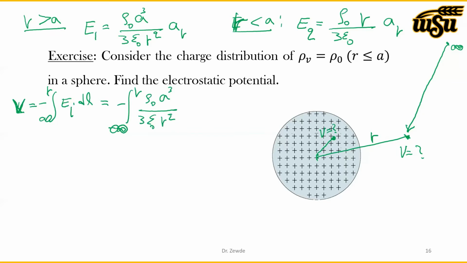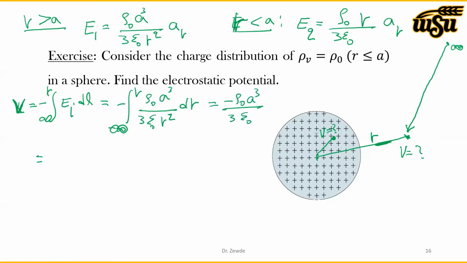And dl is a differential length, which in this case is dr, since we're along the radial direction. If we integrate this, we get minus rho naught a cubed over 3 epsilon naught.